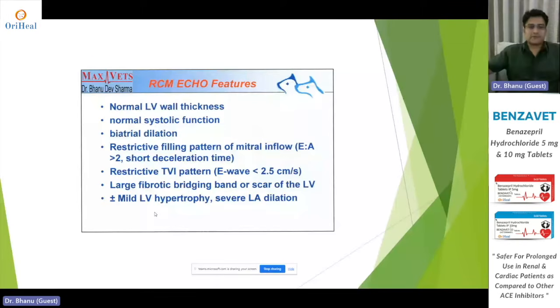That happens because of the death of myocytes, because of the increased stiffness of the left ventricles. As I mentioned, left ventricular hypertrophy is very rare, but in very advanced cases, you would sometimes come across occasional mild left ventricular hypertrophy. It is always accompanied by severe left atrial dilatation.